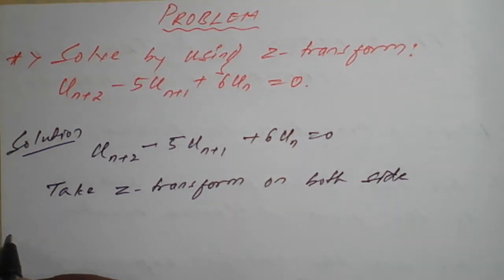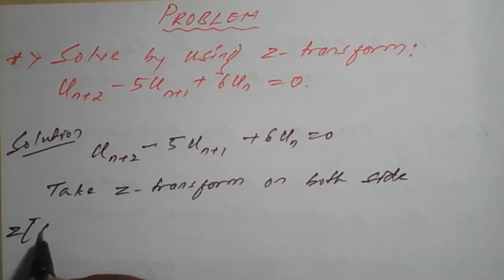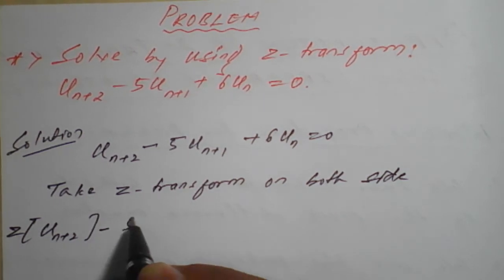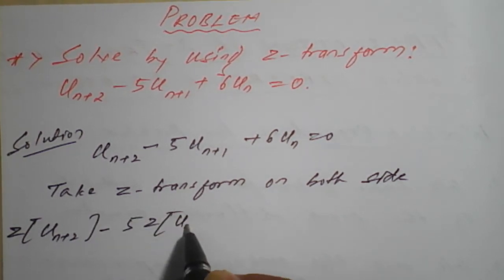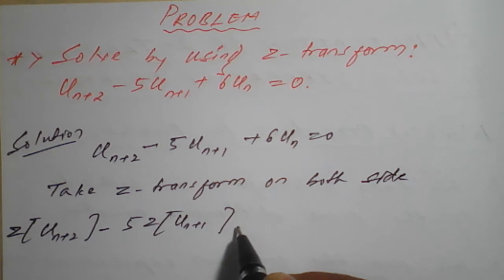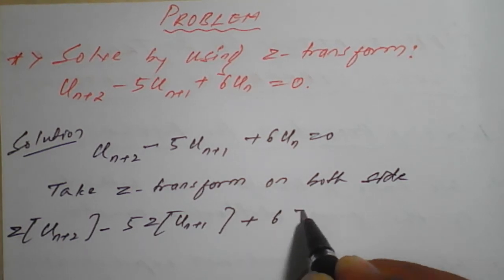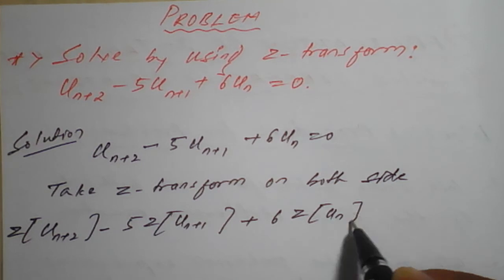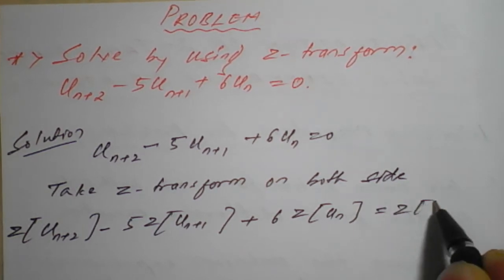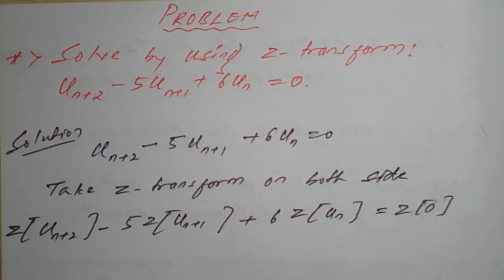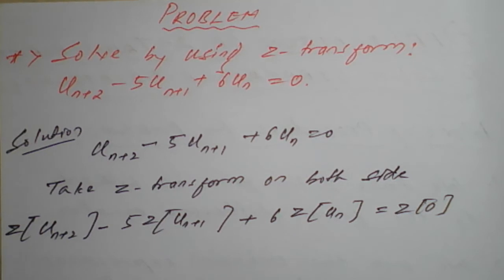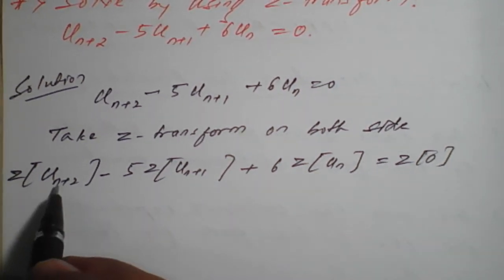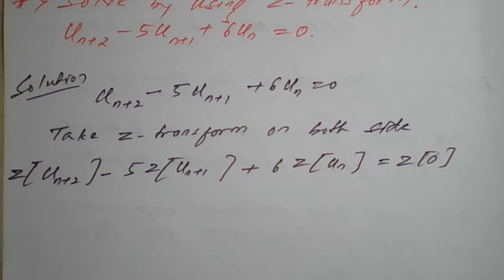So we get Z transform of u of n plus 2 minus 5 times Z transform of u n plus 1 plus 6, which is a constant, times Z transform of un equal to Z transform of 0. But we know that Z transform of u of n plus 2 as per the list.